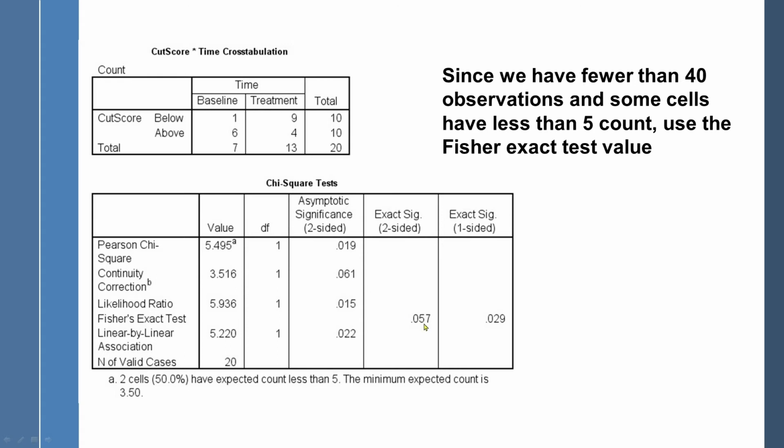You can see that there's not much difference here between the continuity correction, which is the Yates correction, as compared to the Fisher exact test. They're almost the same. But really, the Fisher exact test is the one that we want to use because it's a more basic version of the chi-square.